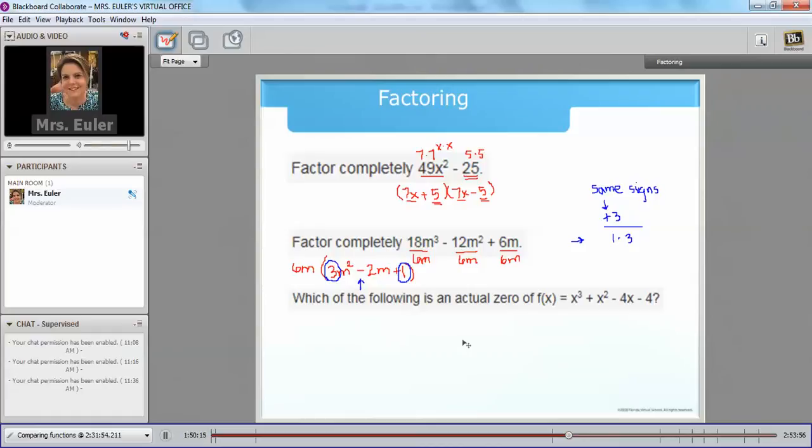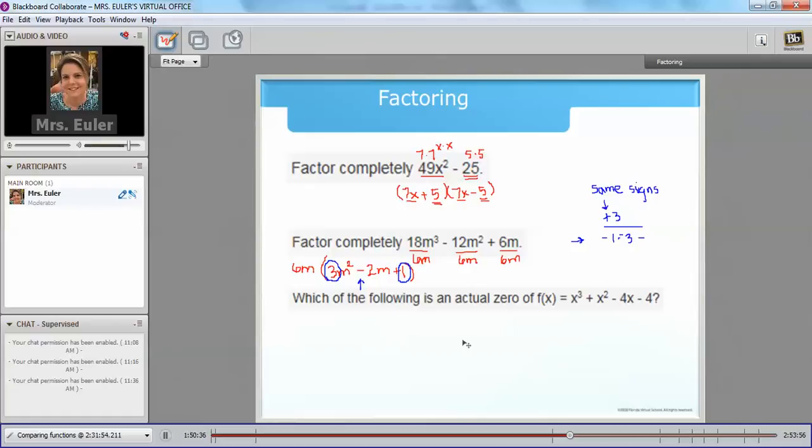So I'm looking for, is there any way to add these two numbers together, the 1 and the 3, so that I get a negative 2? And so because this is a negative, I know that both of these signs have to be the same, because it's a plus 3 here, and negative 1 times negative 3 gives us a positive 3.